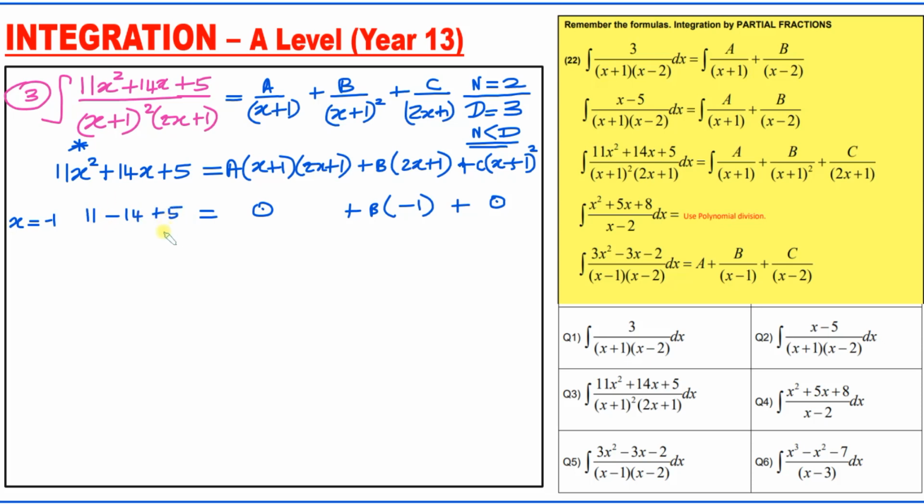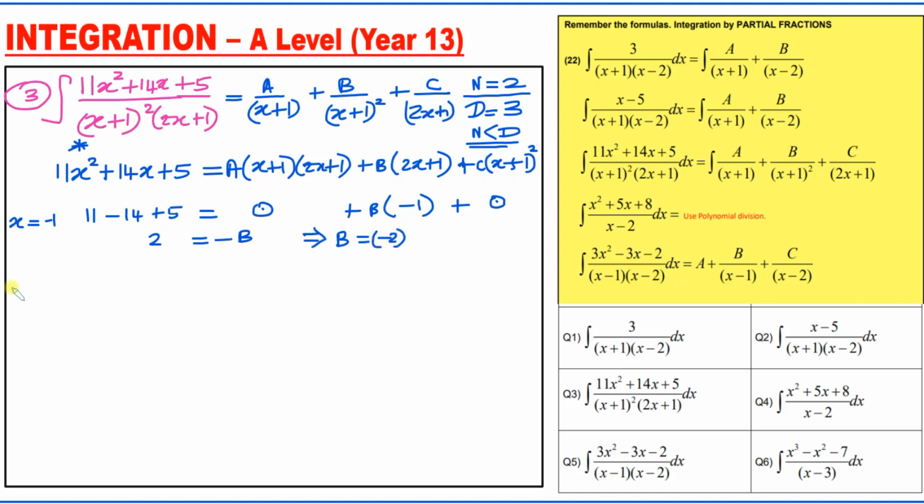So 11 plus 5 is 16, take away 14 is 2, equals minus b, and that gives b equals minus 2.